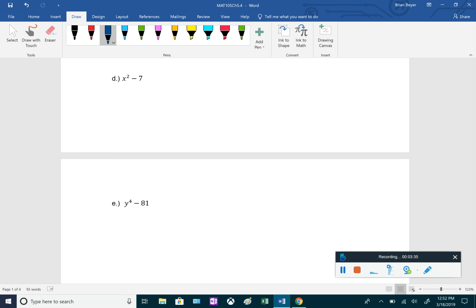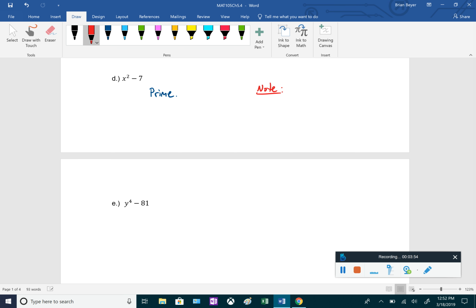So for this next one, x squared minus 7, since 7 is not a perfect square here, we can say that this is prime, meaning we cannot factor it. I'm going to write over here a little note.